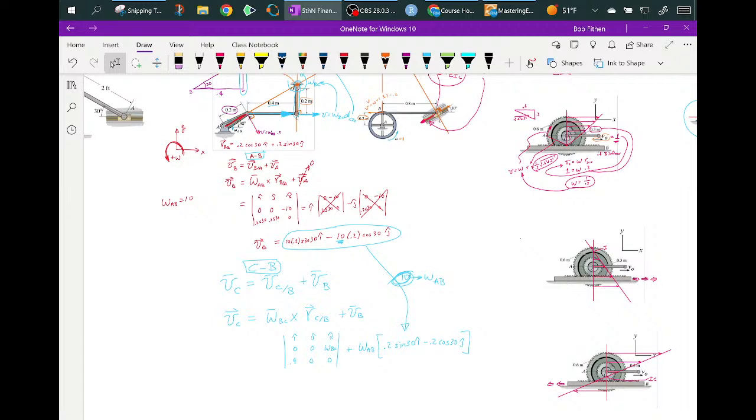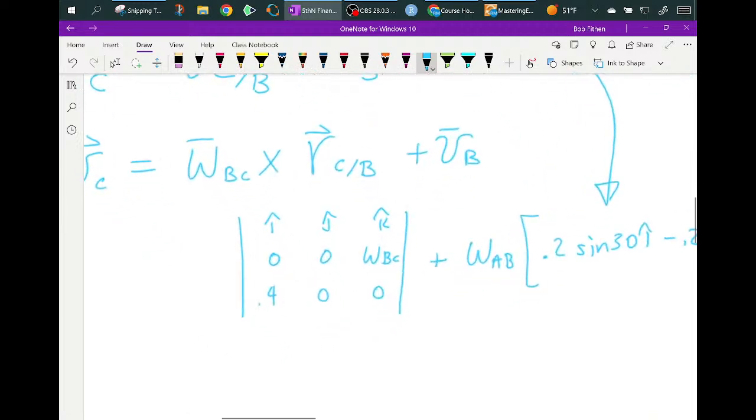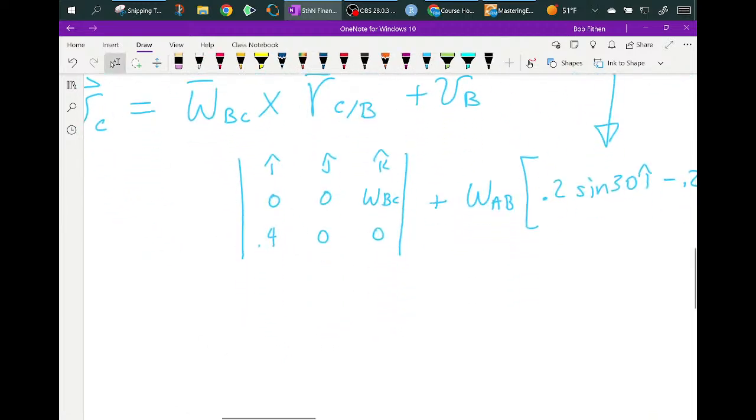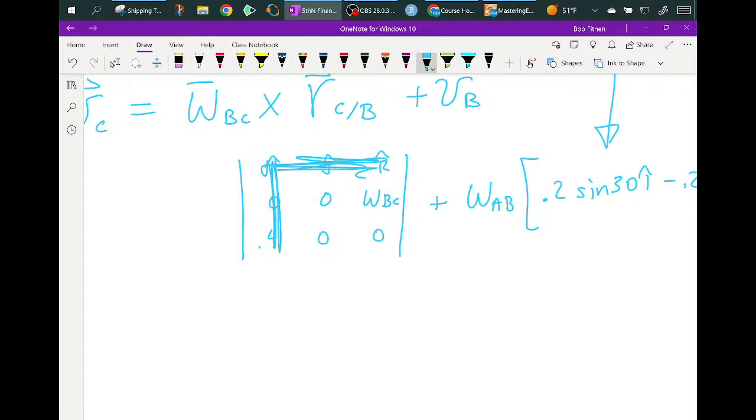Sorry. If you do a cofactor expansion about I and look at that determinant, you get nothing.